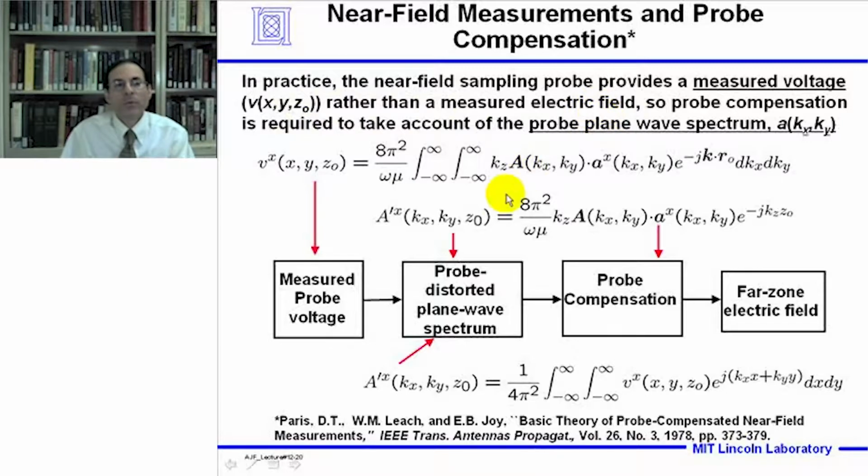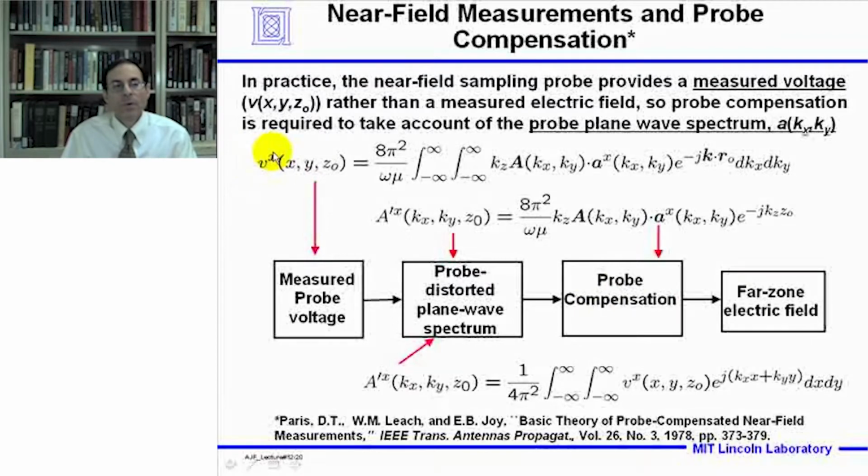So probe compensation is required to take into account the probe plane wave spectrum, little a. What we do is we measure or calculate a probe voltage, we determine the probe distorted plane wave spectrum of the antenna, and we perform probe compensation to determine the far zone electric field.